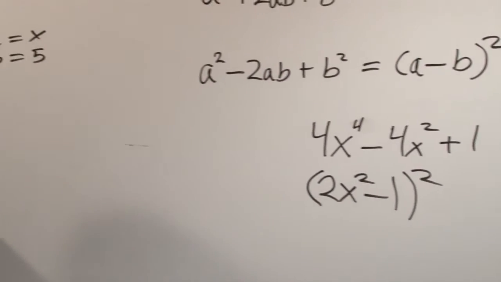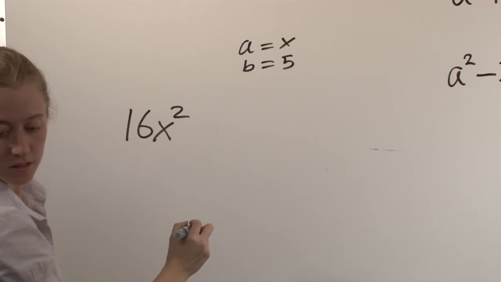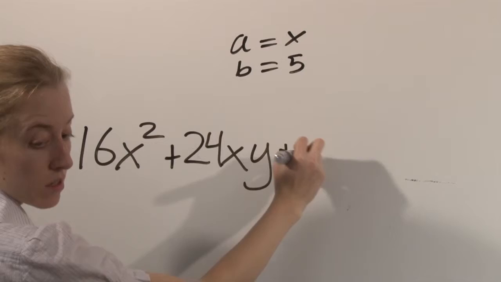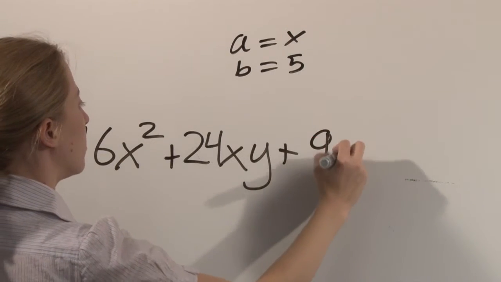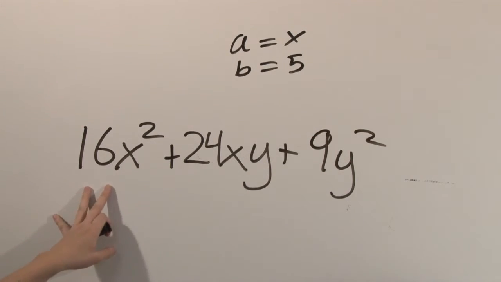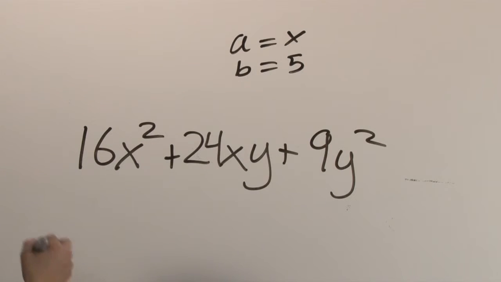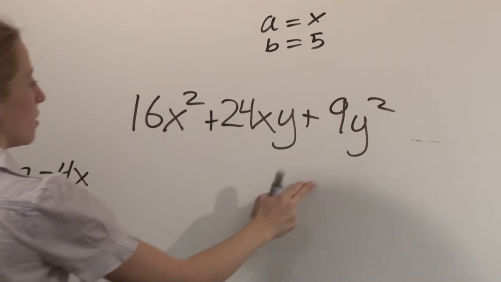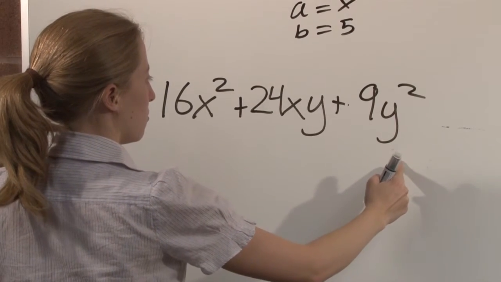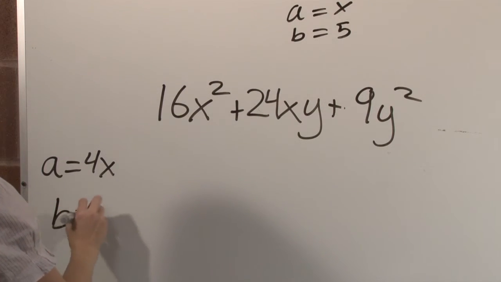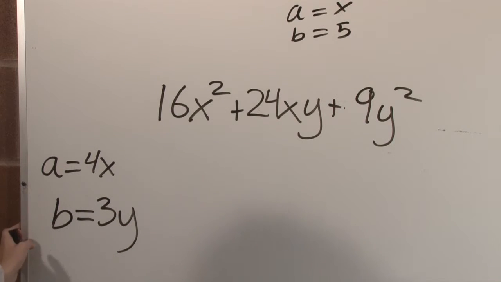As a final example, I'm going to do one where you have two variables. So here, 16x squared is equal to 4x times 4x. So my a is going to be 4x. 9y squared is equal to 3y times 3y. So 3y is my b.